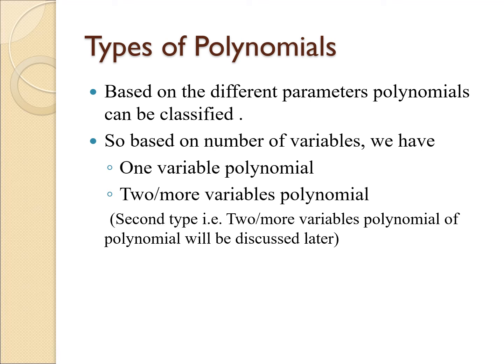We have the following types of polynomials. First is the one variable polynomial. If a polynomial has just one variable, then it is called a one variable polynomial. And if more than one variable is there, then we have two or more variable polynomials. We'll discuss those later. We'll start the discussion with the one variable polynomial.